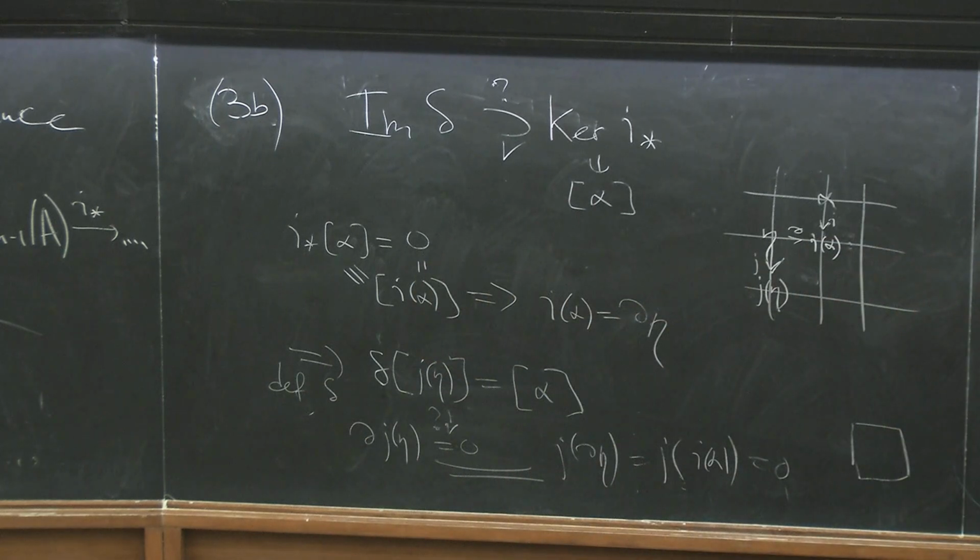When we considered the notion of a relative chain complex, we had a particular case of this setup, where we have a short exact sequence, a triple of chain complexes.